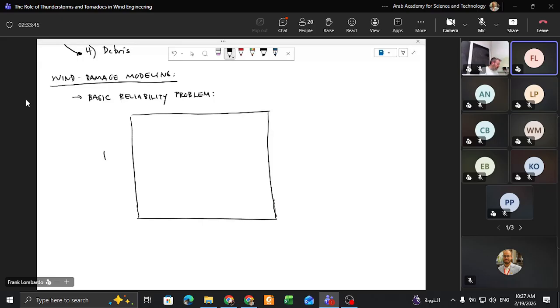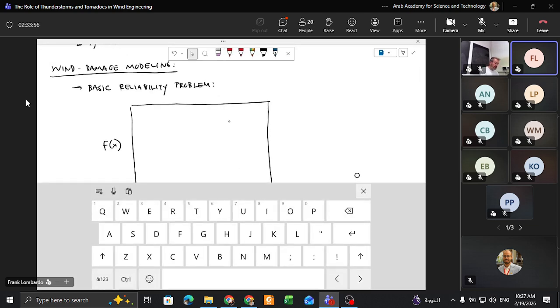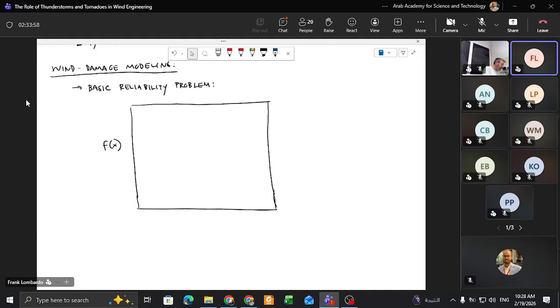Here we're going to look at our probability density function, and we have 2 basic variables that we are interested in. One we'll say is L, which is the load.